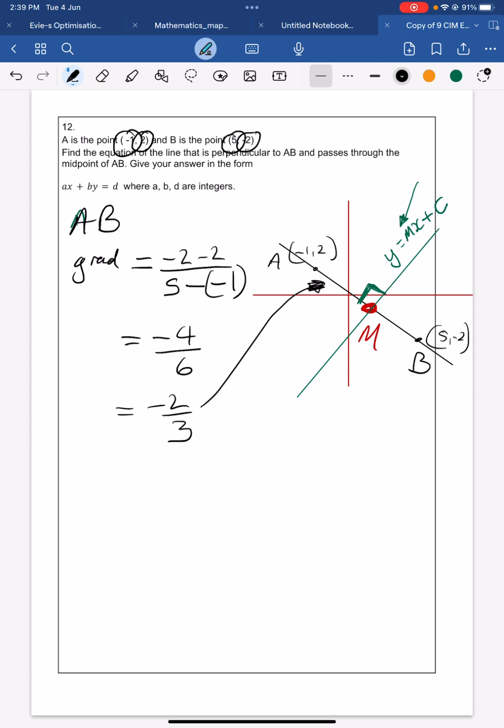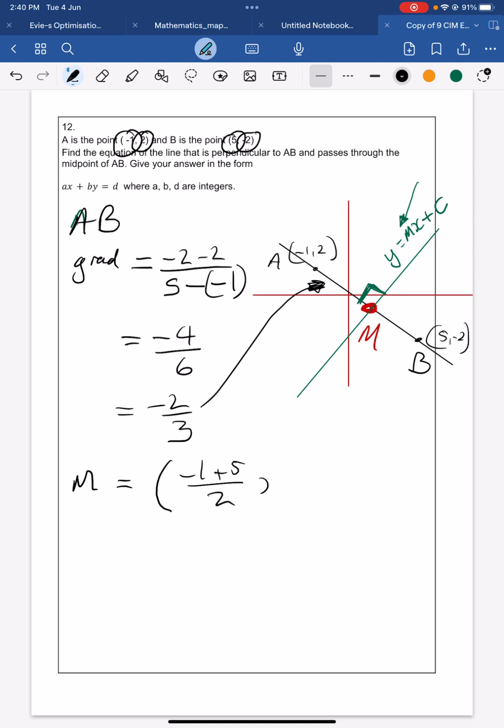And now we need to find that midpoint. This is where we add the x and y coordinates and divide by 2, we've got to find the average. So for the x coordinates we have -1 plus 5, the average.